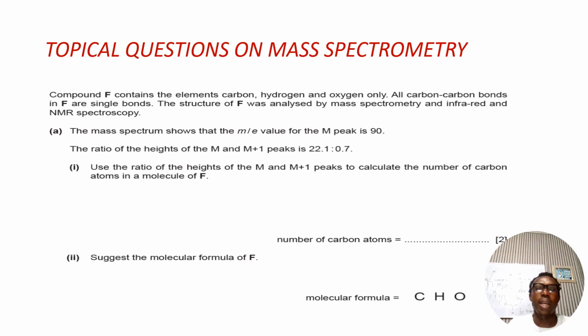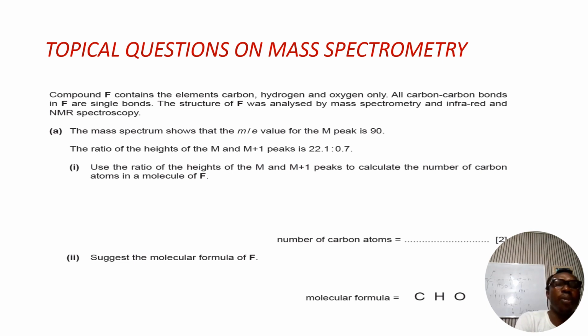Now the ratio of the heights of the M and the M plus 1 peaks is 22.1 to 0.7. Use the ratio of the heights of the molecular ion, M, and the M plus 1 peaks to calculate the number of carbon atoms in a molecule of F. So the first thing we do, we'll use the formula.